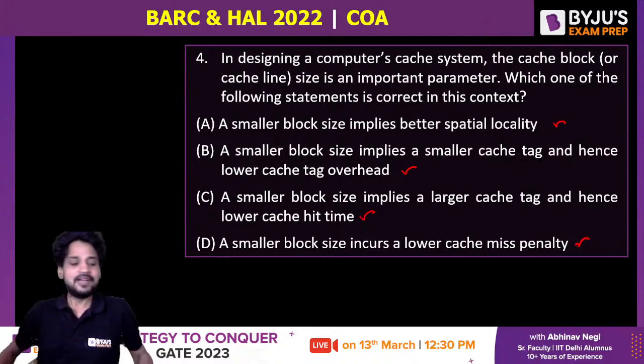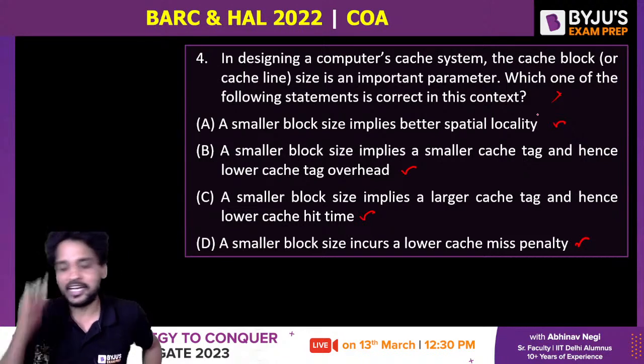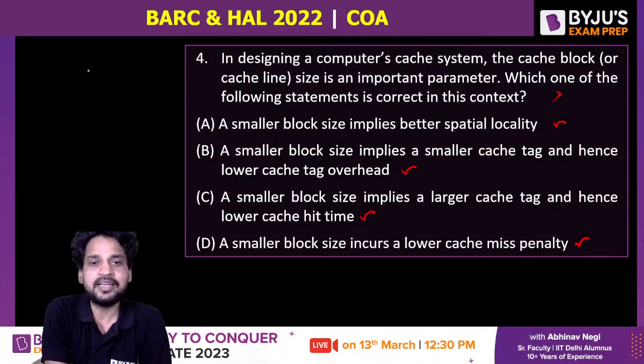Listen, I will tell you. Forget about this. C is not a correct option. But let me give you a complete idea. For this, let me take a counter example.